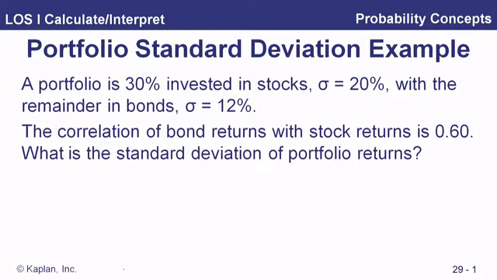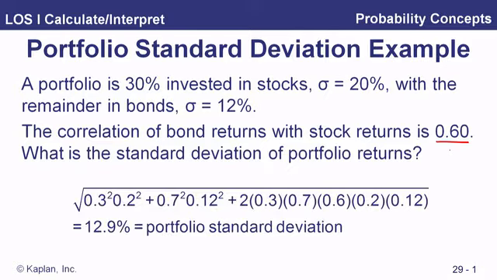We're given the correlation of returns for stocks and bonds as 0.6. So a positive, medium, I guess, correlation. What's the standard deviation of portfolio returns? Well, we just have to use the formula.